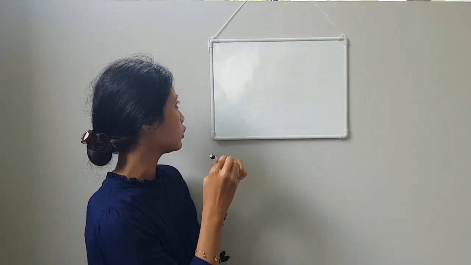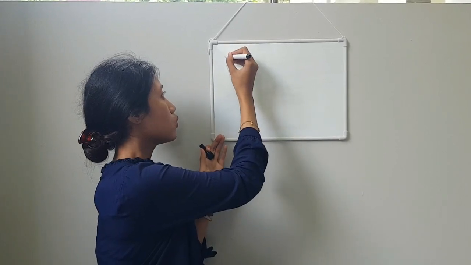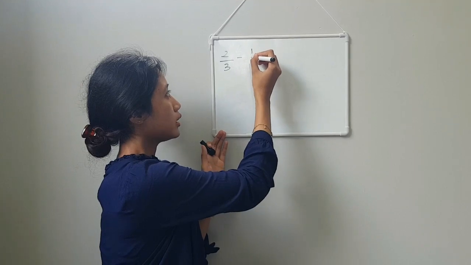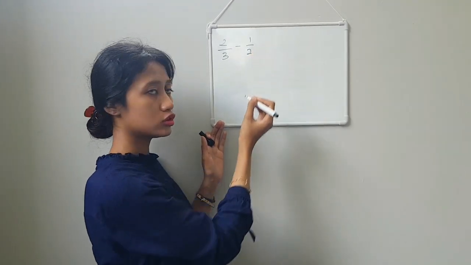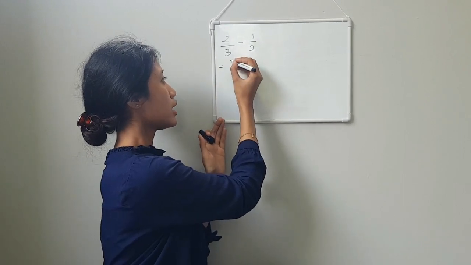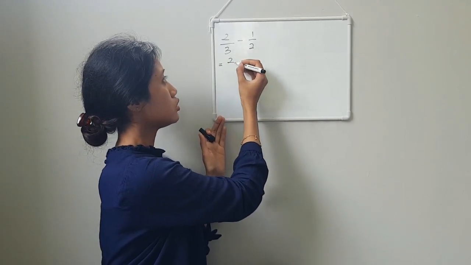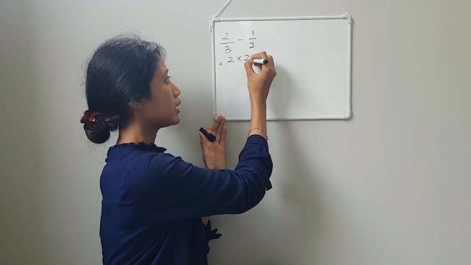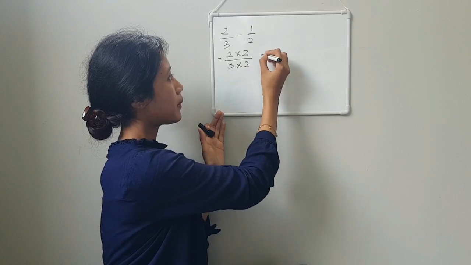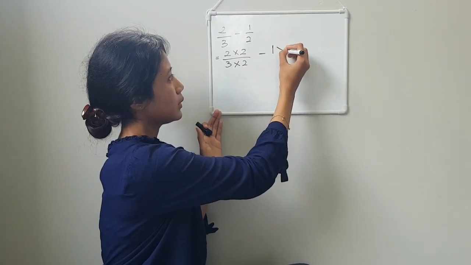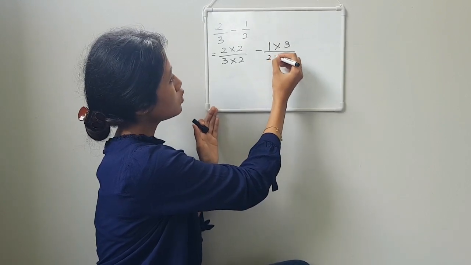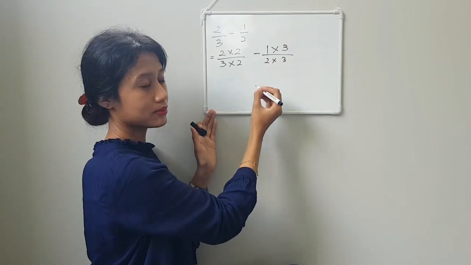So have a look. If I have 2 over 3 minus 1 over 2, you can answer it by 2 multiplied by 2 over 3 multiplied by 2, minus 1 multiplied by 3 over 2 multiplied by 3.